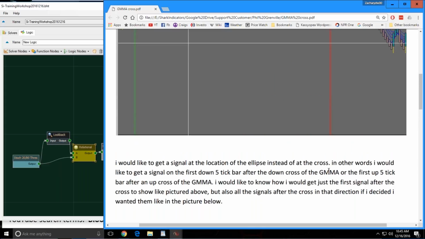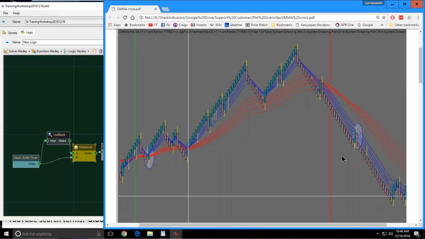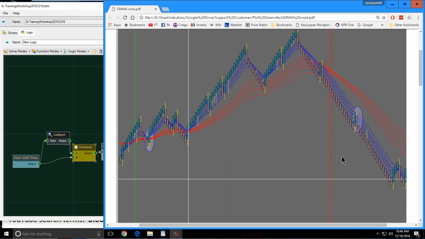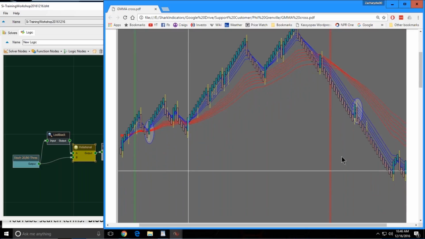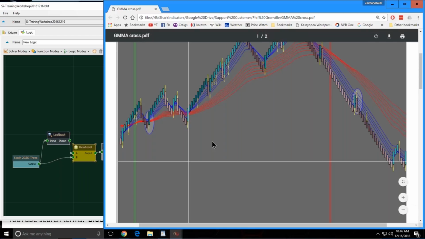All right, so after a down cross, here's the down cross. Okay, that makes sense. And then we're looking for price. I guess price needs to have a little pullback and then cross the GMMA again after the cross down.